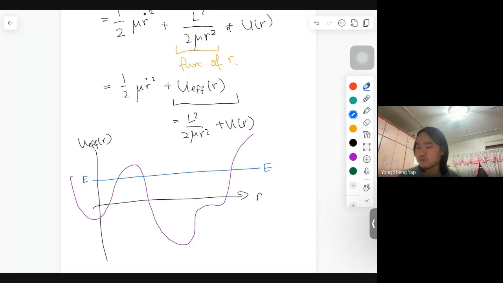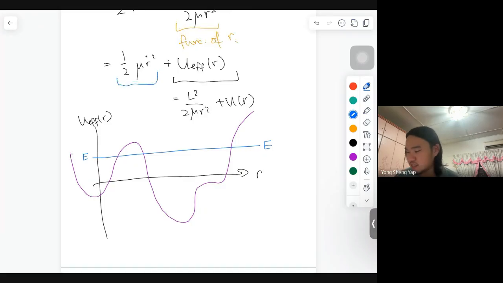Remember this is the total energy, and it must split between the kinetic energy of the particle moving away from the origin and the effective potential that I've drawn here in the purple graph. This tells you a thing or two about the motion of the reduced mass: given some energy, this particle could be stuck. It can only take positions from a minimum position over here to a maximum position over here.